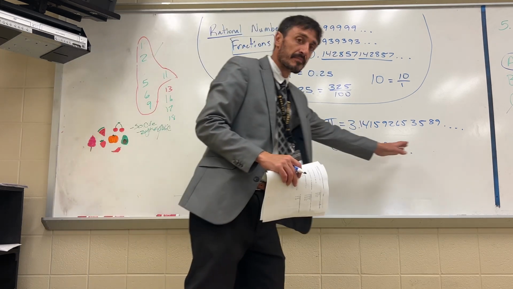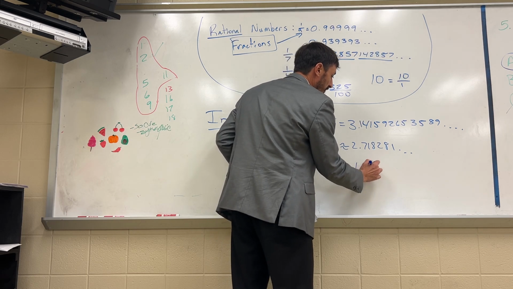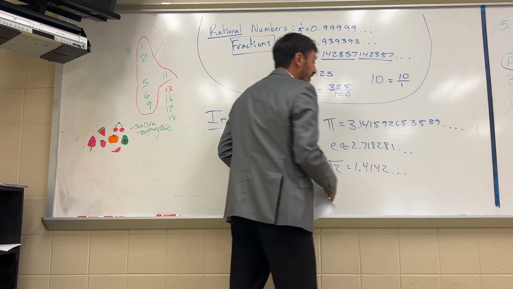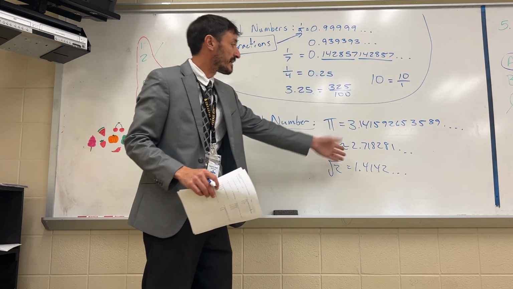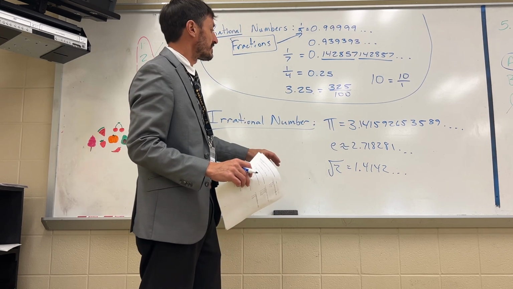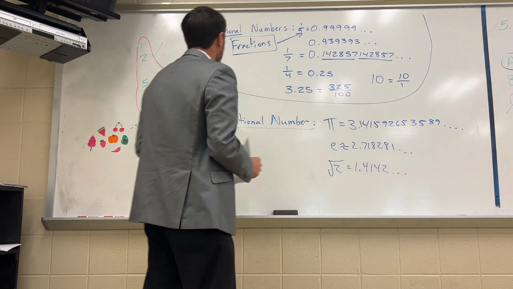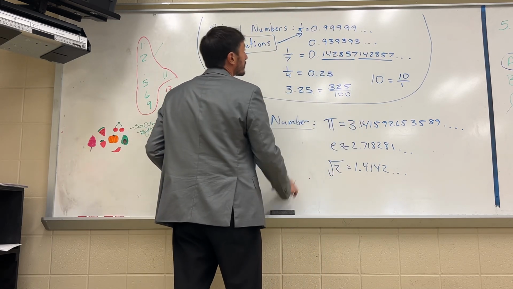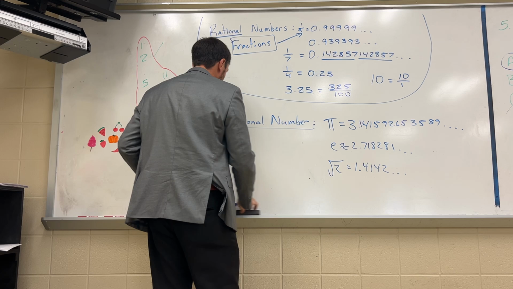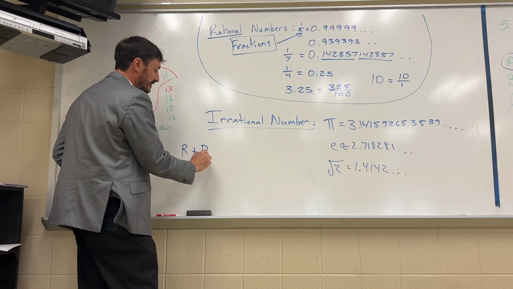This is random. Square root of 2 is 1.4142, and on this thing goes, random. I don't know the rest of these digits. But these are all examples of irrational numbers. Numbers whose decimals go on forever, but they don't repeat, okay? And these don't make sense to us. Rational numbers make sense.